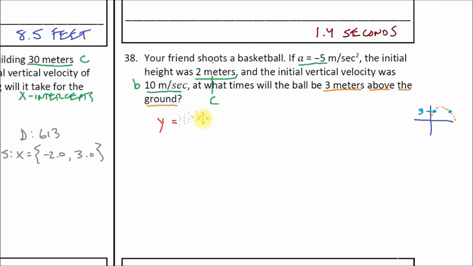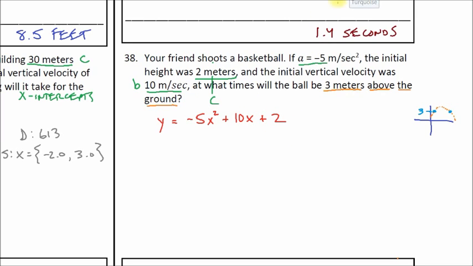Y is equal to negative 5x squared plus 10x plus, not 3, let's be careful. Our initial height is 2 meters. There's our equation. Gravity, negative 5, initial velocity, 10, initial height is 2 meters.